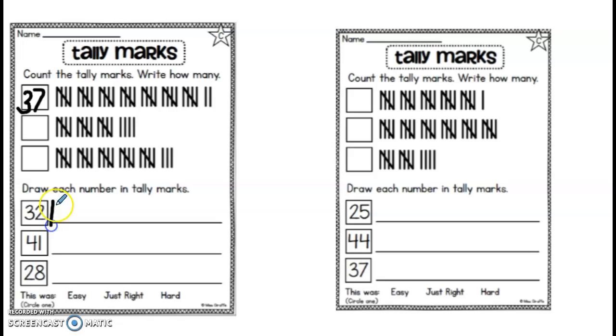So on the line you're going to do 1, 2, 3, 4, cross for 5, leave a space, 6, 7, 8, 9, 10, leave a space, 11, 12, 13, 14, 15, 16, 17, 18, 19, 20, 21, 22, 23, 24, 25, 26, 27, 28, 29, 30, leave a space, 31, and 32.